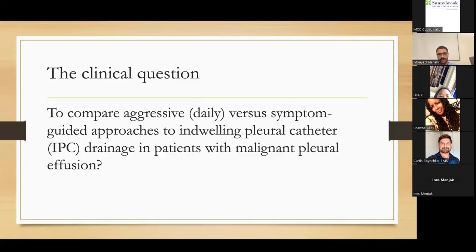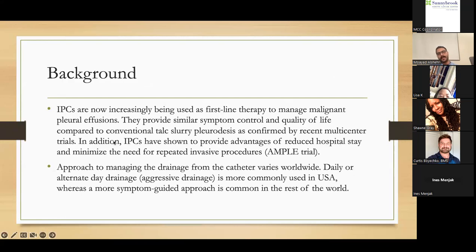So to compare, as I said, aggressive, as in daily, versus as-needed drainage through the IPC. And the reason behind that is IPCs are now increasingly being used, and they are managed at home, and they provide similar symptom control and quality of life compared to the conventional older way of admitting people to hospital.